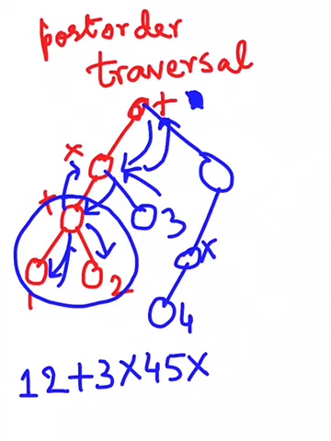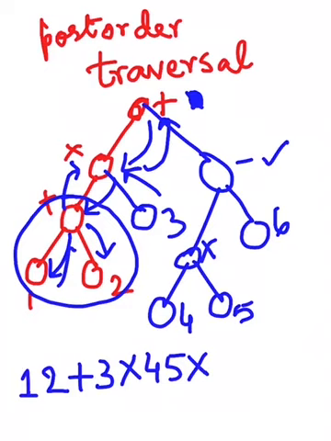This was 4, this was 5. And then I go back here. This node was storing a minus, and this node was storing 6. But I have to come here at the very end. So I first go to the right subtree and print the 6 minus, which is this node here, and then we go back to the root and print the plus. So this is the post-order traversal.